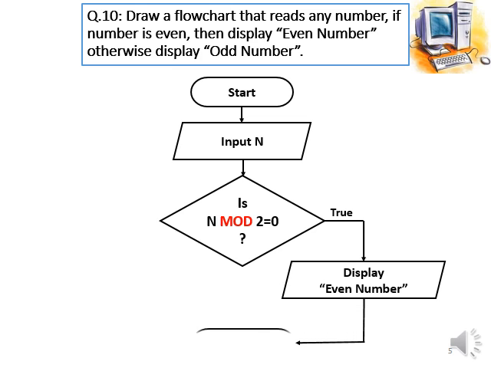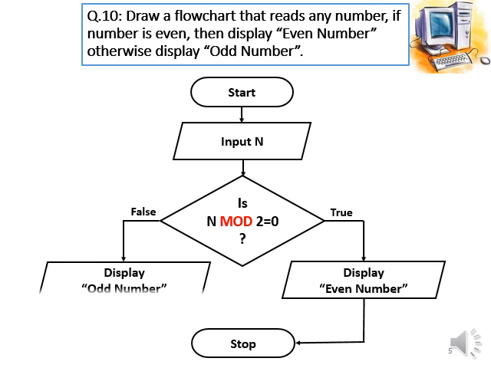So if the remainder is 0 and the condition is true, in that case it will display "even number". And then we'll move to the end of the flowchart. The other situation is that if n mod 2 is not equal to 0, it means that the value of n is an odd number. So in that case the condition is false and it will display "odd number".